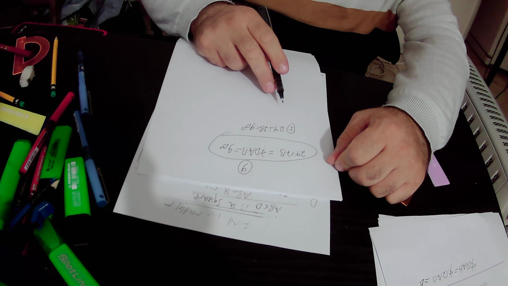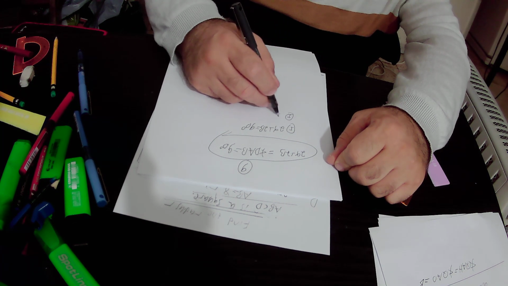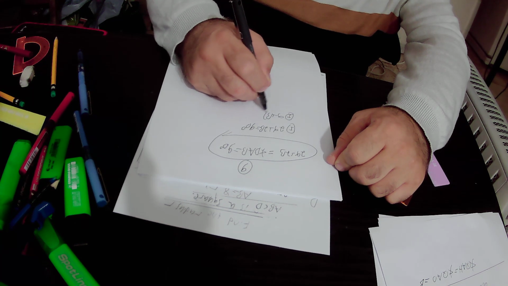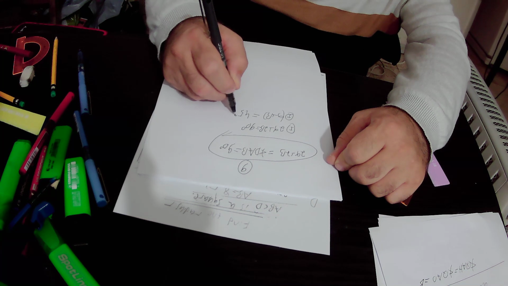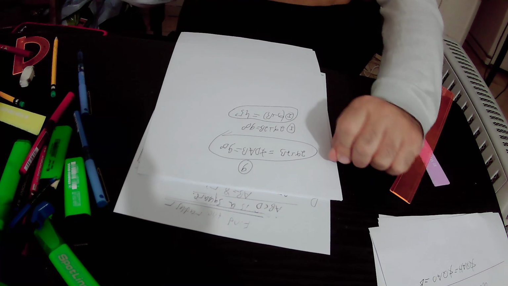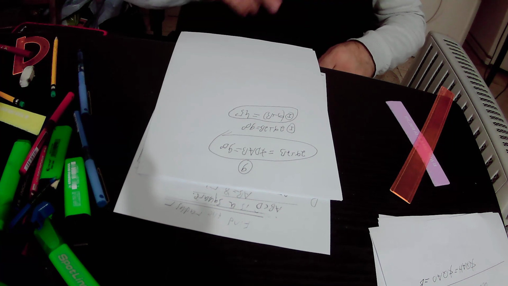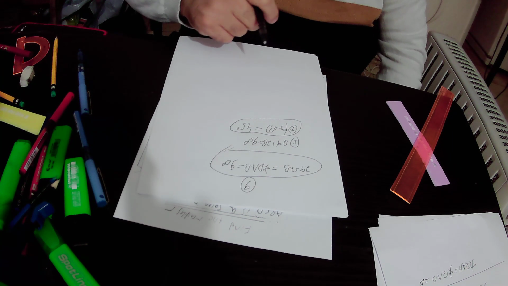Here we will divide equation number 1 by 2, and we get that alpha plus beta equals 90 degrees over 2, which is 45 degrees. But if alpha plus beta equals 45 degrees, then tangent of alpha plus beta will be equal to tangent of 45 degrees. Very simple.